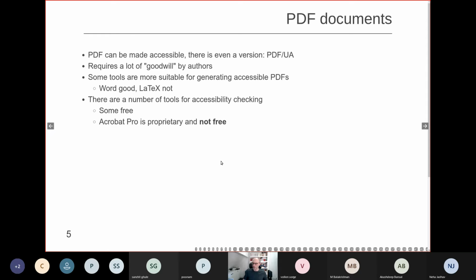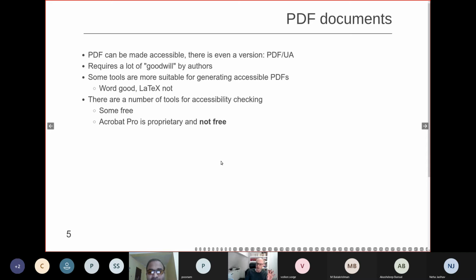There's a couple of problems with these. First of all, it still relies very much on the goodwill of the authors, whether that will become a good accessible source or not. And secondly, when generating PDFs, most generators, i.e. the export functions from Word, as well as generators like LaTeX and others, are not necessarily great at generating accessible PDFs.